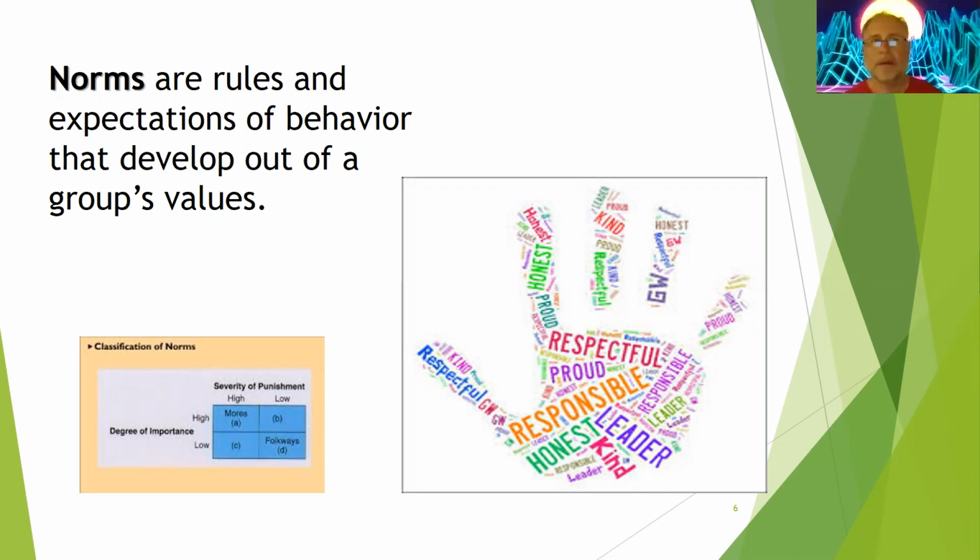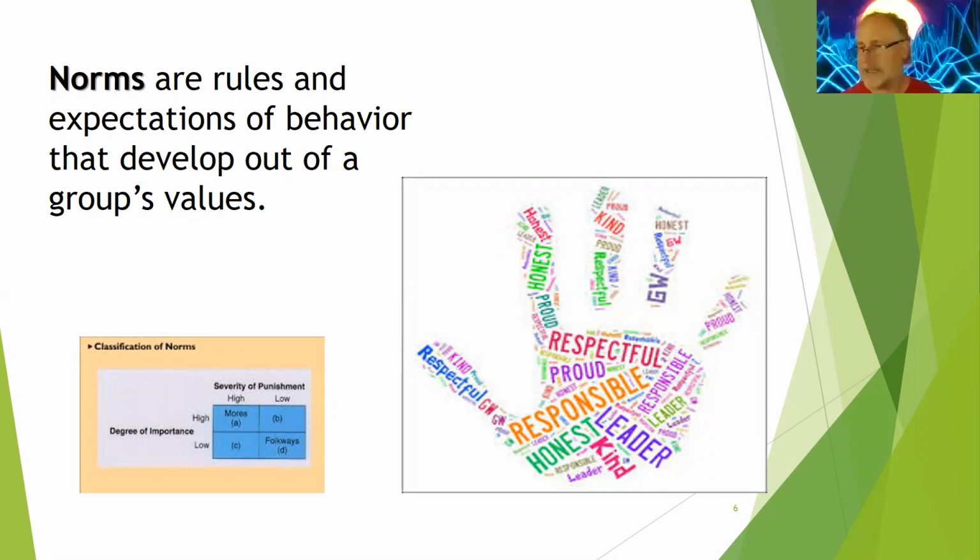And so when I hear the word norms, I immediately think behavior, okay? How are we supposed to act when in a classroom or at the mall or driving down the road? And society has all kinds of expectations for what we should and should not be doing in all social environments that we will go into, okay?